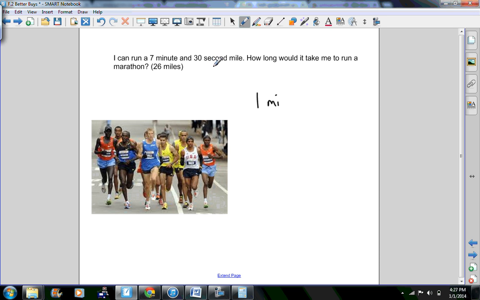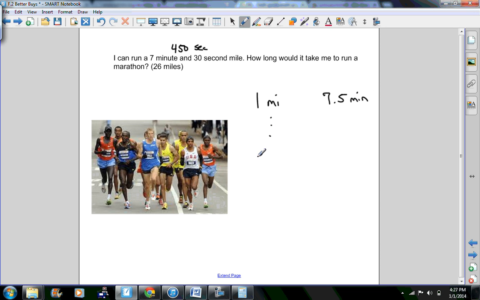Now the problem is I've got to figure out a way to write that out because I can't write 730. Like that wouldn't make any sense. So there's 2 ways I could do this. I could turn this all into seconds, and that would be 450 seconds because there are 60 seconds in each minute. Or I can figure out that 30 seconds is half of 1 minute to make that 7.5 minutes.